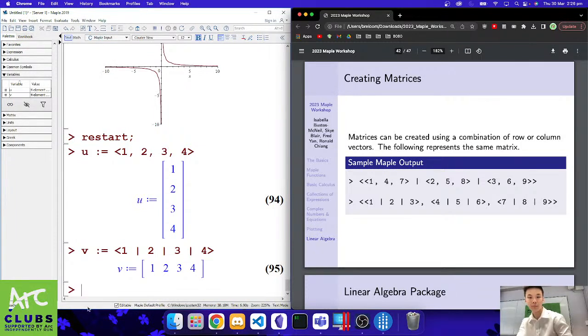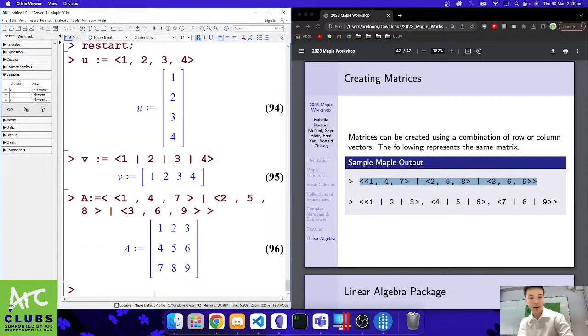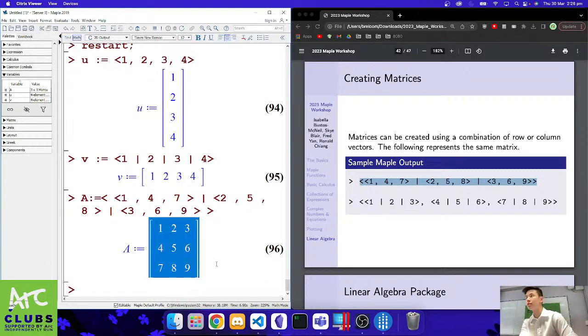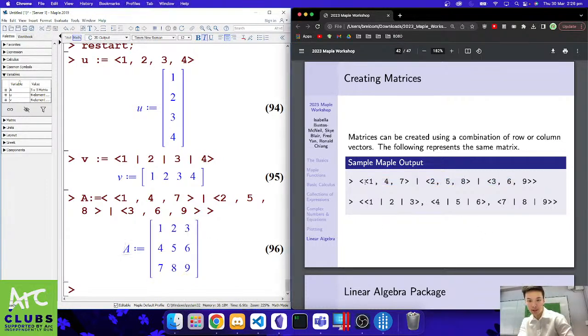Okay. So if we output this out into Maple, let's call this A equals this. As you can see, we get this nice square matrix. Okay. And one thing to notice is that the first element here, this column vector, represents the first column.